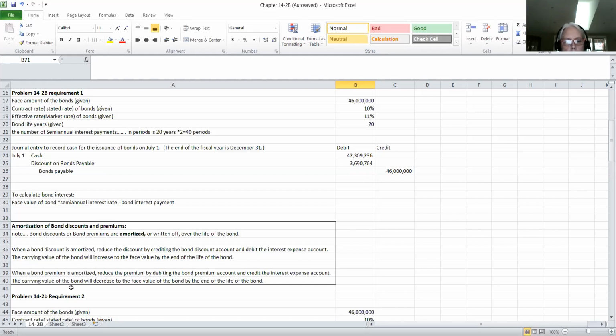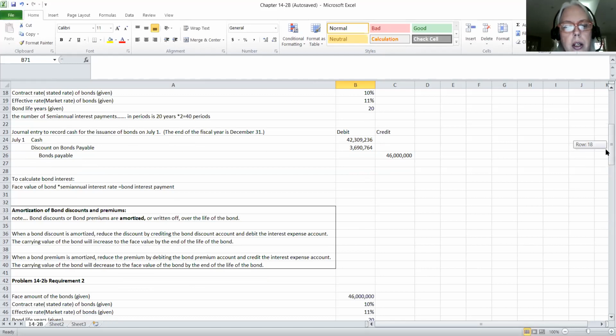If there had been a premium, the carrying value of the bond will decrease. It's exactly opposite of a discount. It's going to decrease to the face value of the bond by the end of the life of the bond. These are important things that you need to know really before you are working with a bond issue.